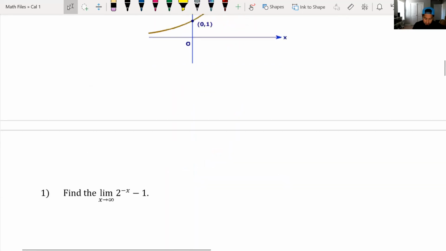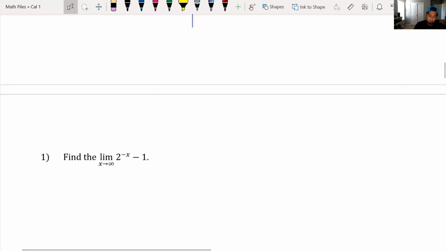Okay. Number 1, find the limit as x approaches infinity of 2 to the negative x minus 1. Okay, so we're just going to manipulate this a bit, and I'll have the limit as x approaches infinity, and we're going to rewrite 2 to the negative x.